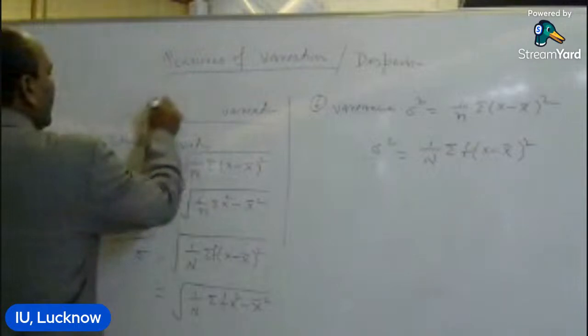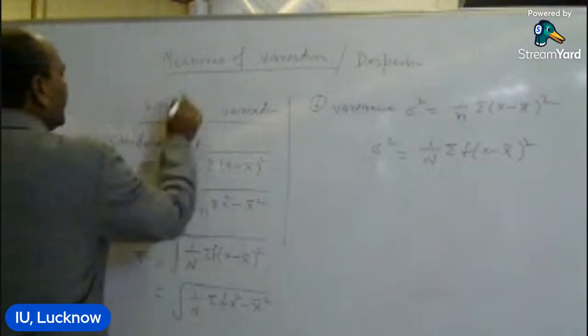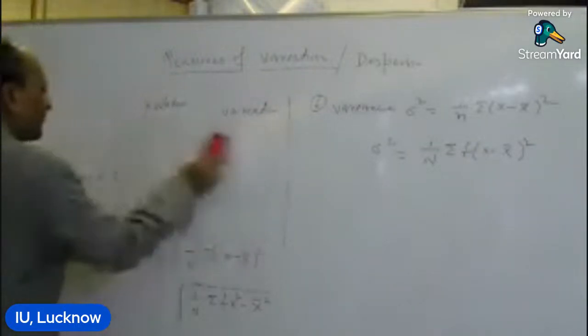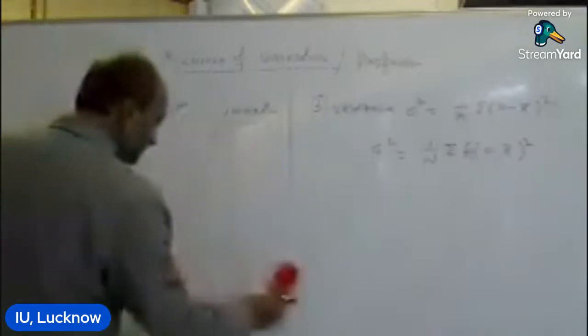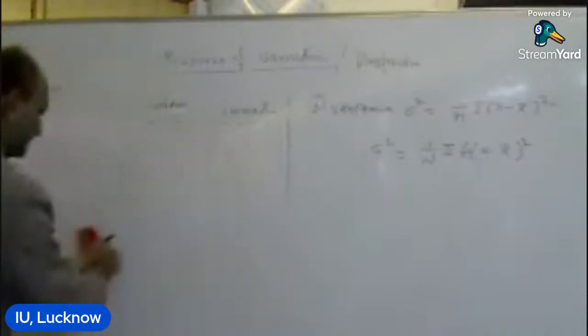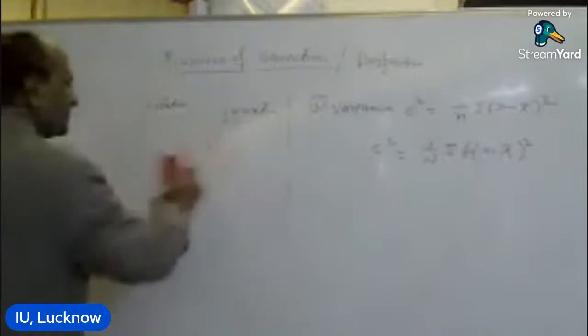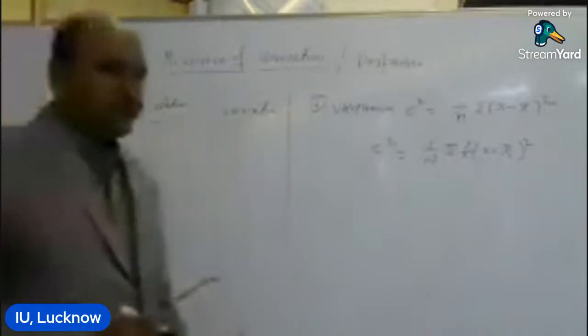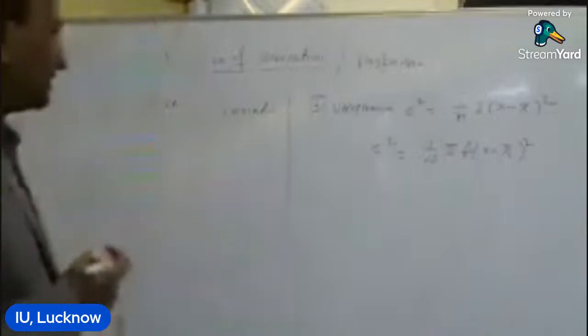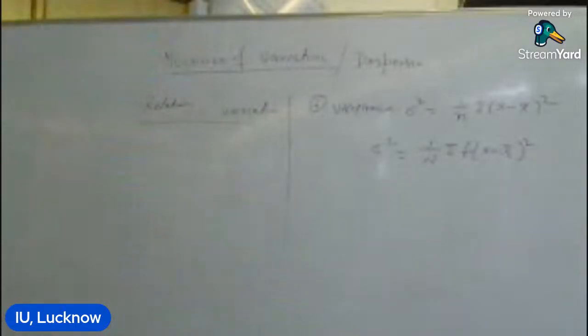And in relative variation we use coefficients, so we use the formula using coefficient.